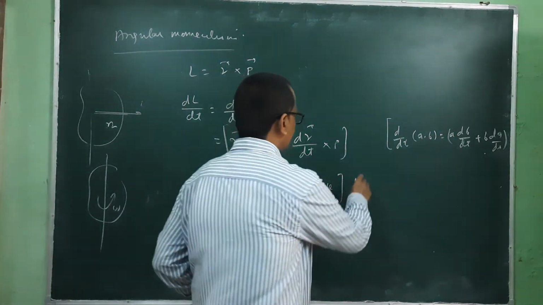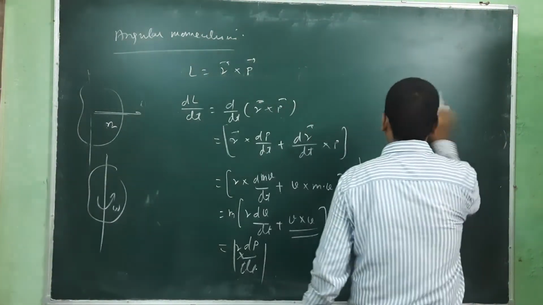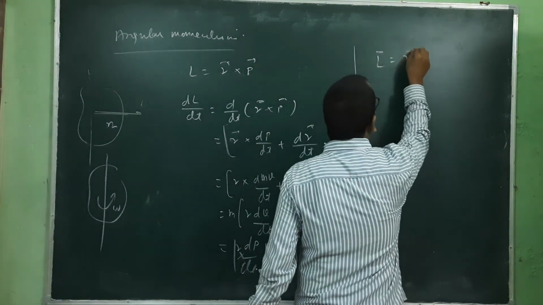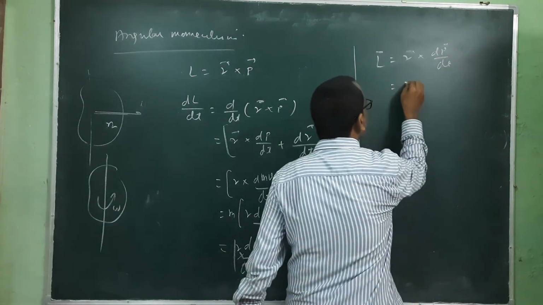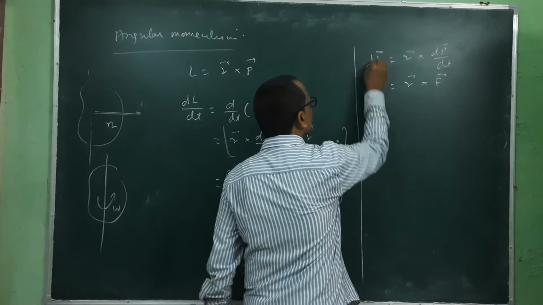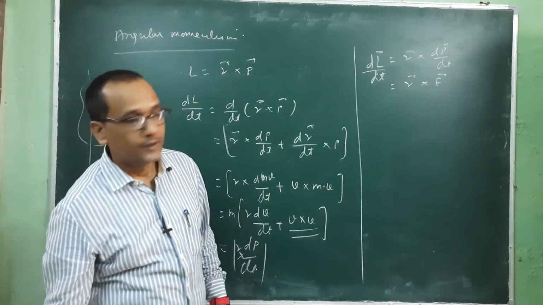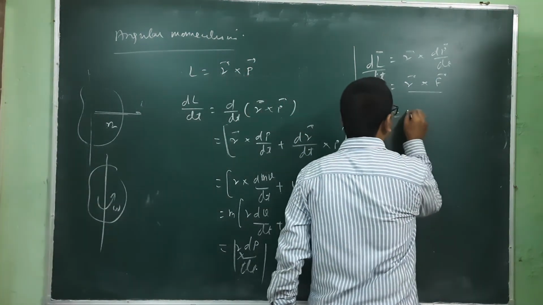So dL by dt is equivalent to R cross dp by dt, which is R cross F, and R cross F is nothing but the torque tau.